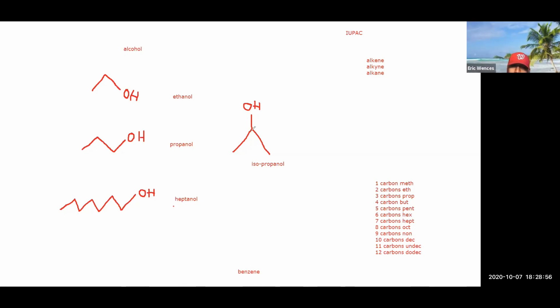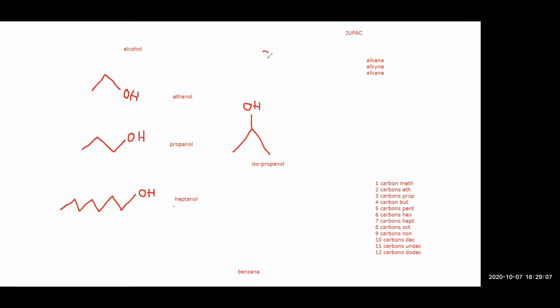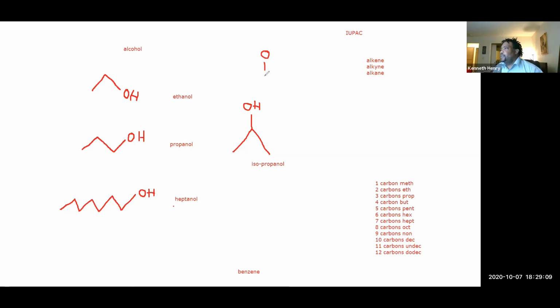So that's 1, 2, 3, 3 carbons. On that second carbon, there's an OH group. So it's like this: O bonded to our C, bonded to another C, bonded to another C, and then we have our hydrogens.